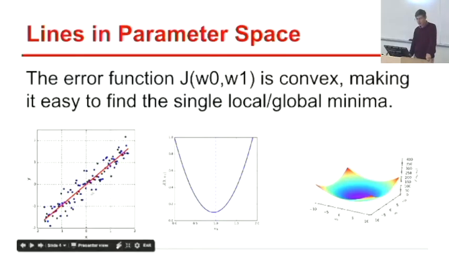Okay, we'll say it is going to go through the origin 0, 0. This function here shows us the error as a function of the slope.